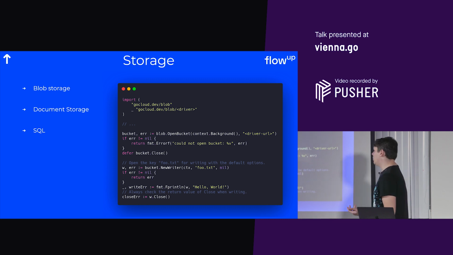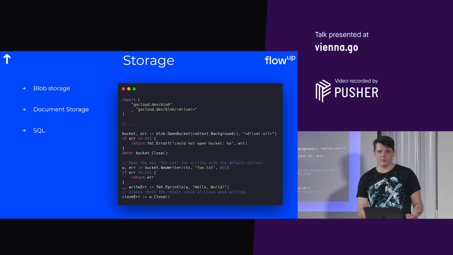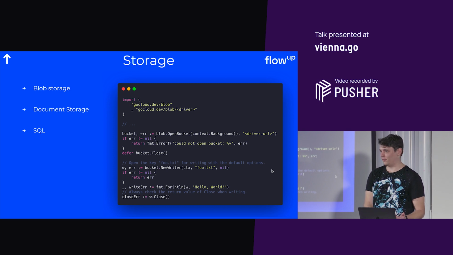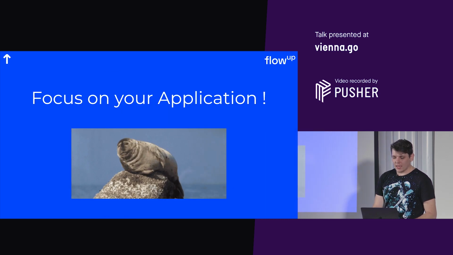With Go Cloud you have just the same code every time, and the only change in the code is the driver on top. So you can use the same code everywhere, and that's the idea behind Go Cloud.